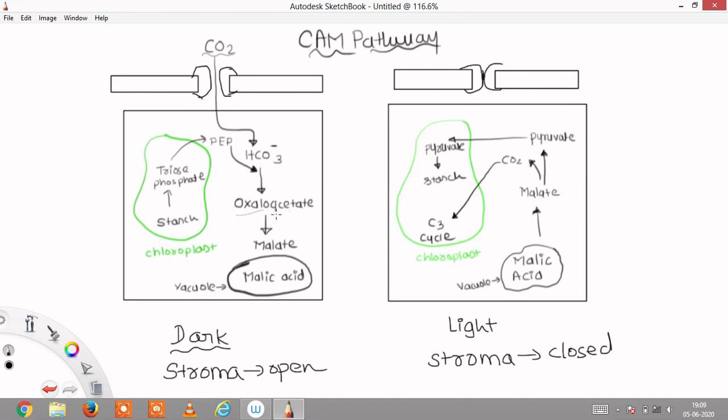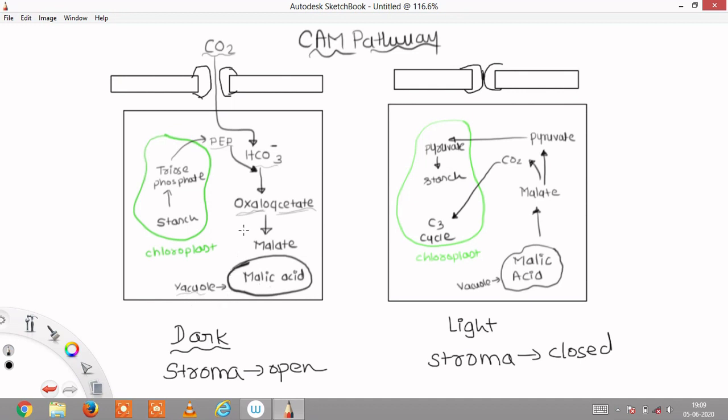Phosphoenol pyruvate combines with the carbon dioxide and forms oxaloacetate. Now this oxaloacetate is converted into malate and it is stored as malic acid in the vacuole.